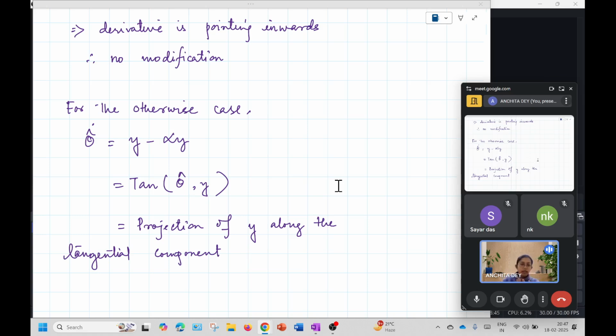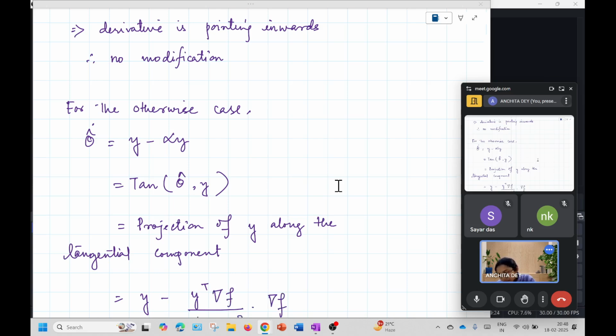So y was the derivative, right? You could have selected the normal direction or the tangential direction along that set at that very point of concern, which is one of the boundary points for sure. So this is simply equal to, how do we write it? y minus y transpose grad f divided by the norm of grad f squared, into grad f.